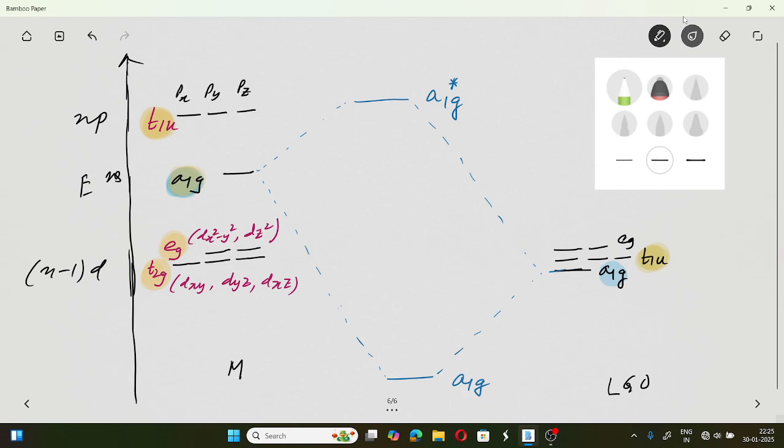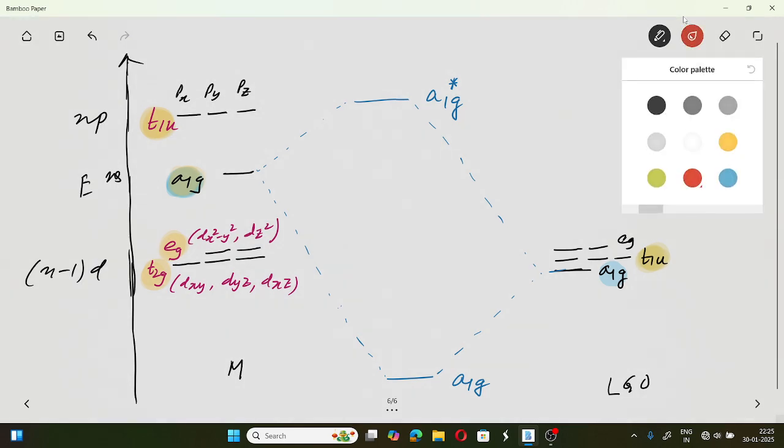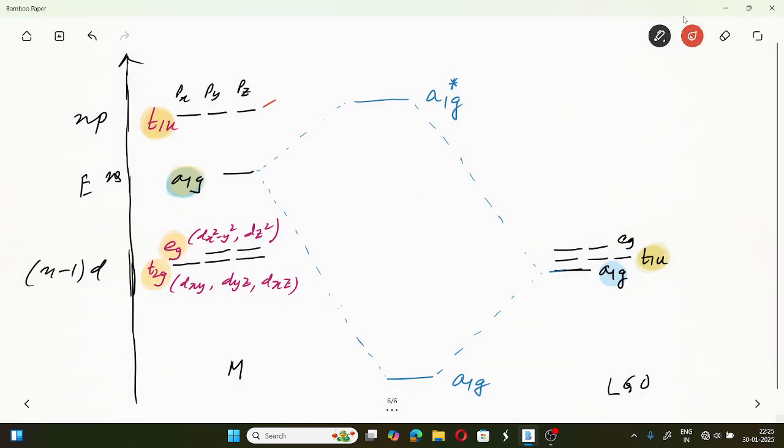So look at this ABMO, how it is formed, and the BMO. They have combined to form BMO and ABMO like this.